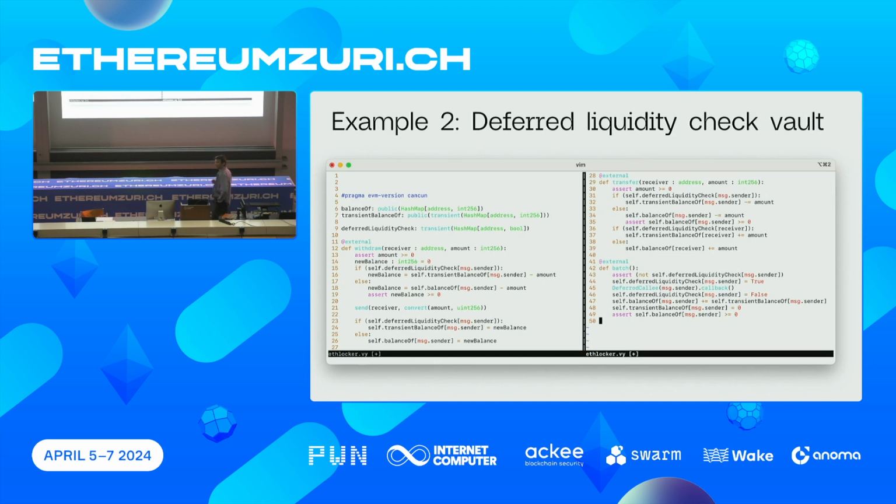And if we enable the deferred liquidity check, our balance can become negative, which is sometimes useful if we want to chain operations such that at the end of a chain of operations we have a positive balance, but at some point the balance might become negative. This is a way to implement flash loans.